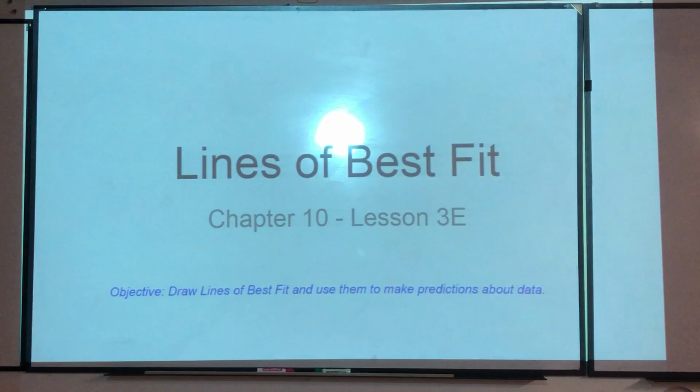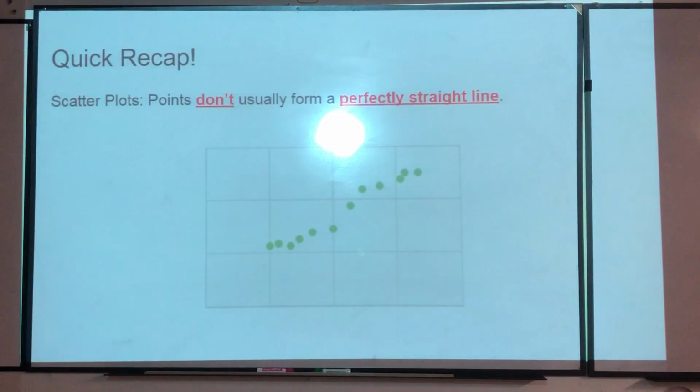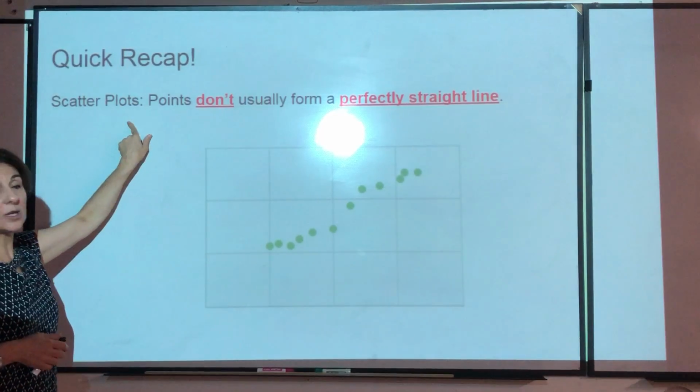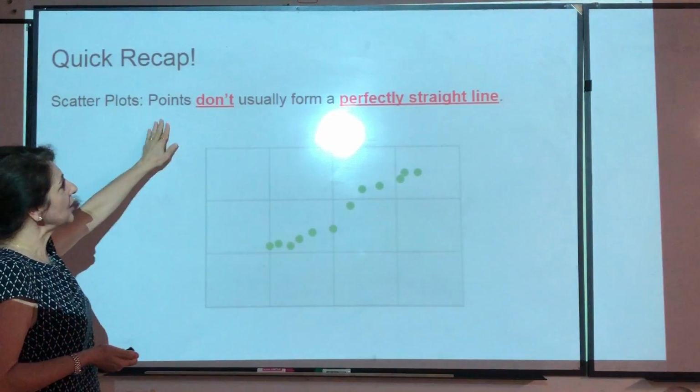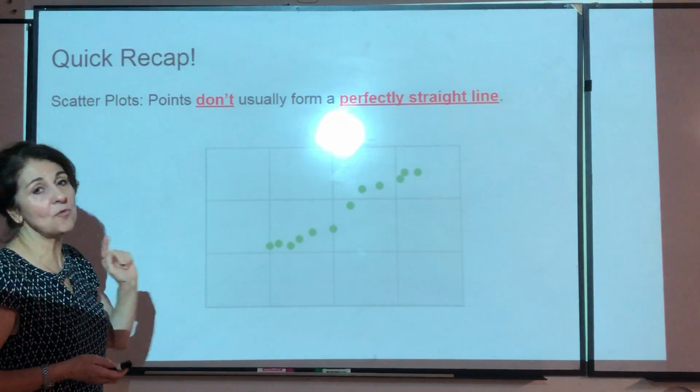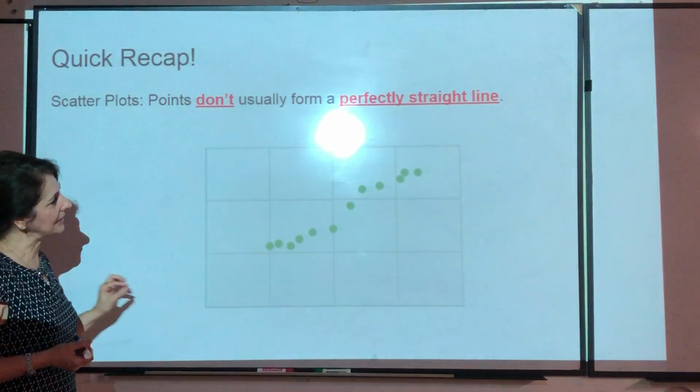Let's do just a very quick recap. We have seen what scatter plots are. Scatter plots are points that usually don't form a perfect straight line.